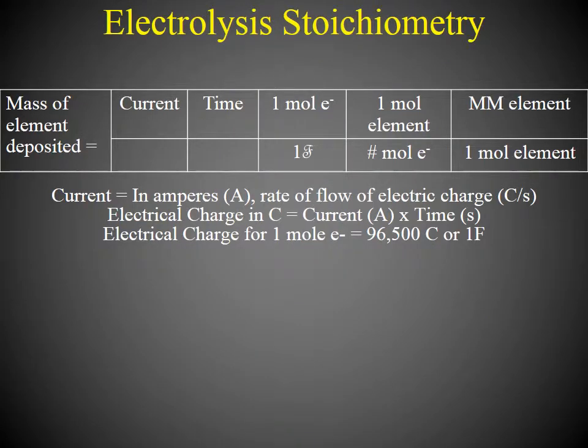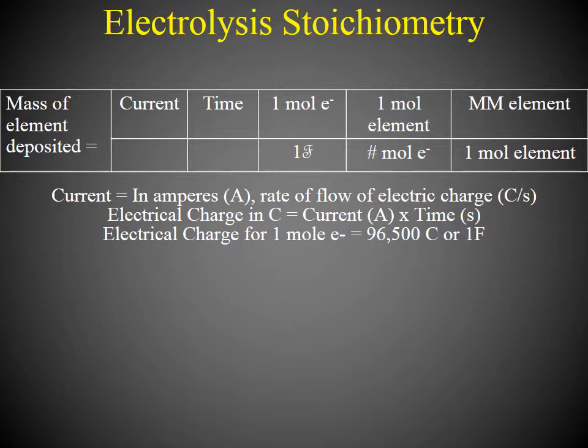Let's now talk about the last topic, the stoichiometry involving electrolysis. If I want to determine the mass of an element deposited at an electrode, the sequence of calculations is simply this: current times time times the fact that 1 mole of electron is equivalent to 1 Faraday.